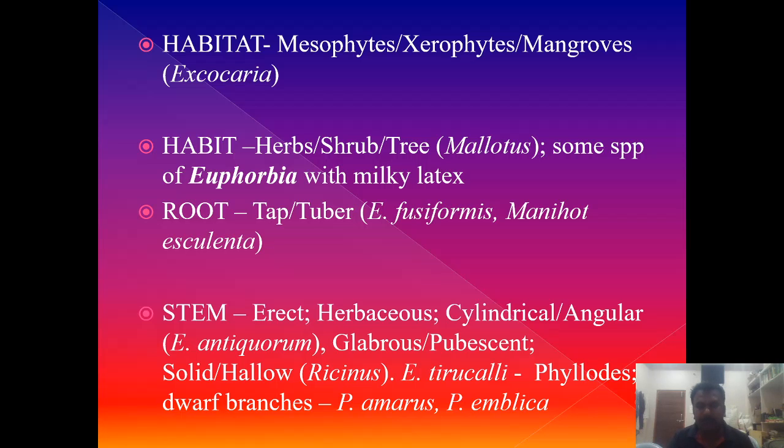In some species like Euphorbia thirucalli, the stems are modified into phylloclades. Whereas in Phyllanthus emblica, Phyllanthus amarus and other species of the genus Phyllanthus, the stems look like dwarf branches.